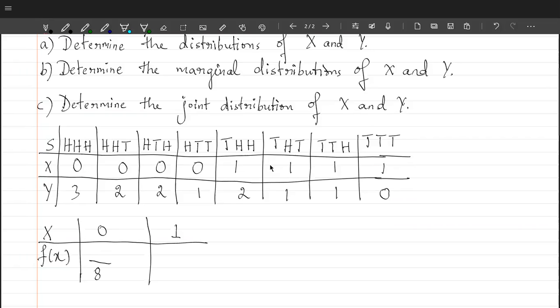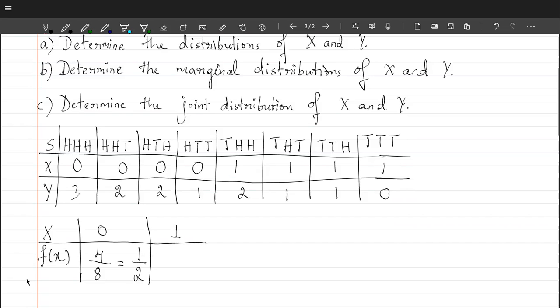Out of these 8 cases, starting from here till here, which cases can I consider where the value of x is equal to 0? You can see that 4 cases are favorable because there are 4 cases here. So the probability here is 4 by 8, which is equal to 1 by 2.